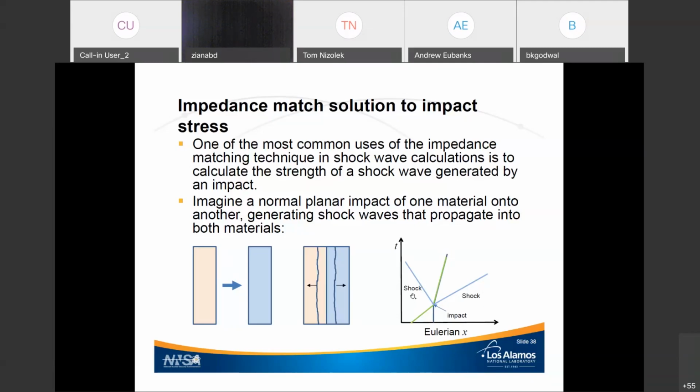The particle velocity in terms of the Hugoniot in this material is equal to this impact velocity minus the velocity of this interface.